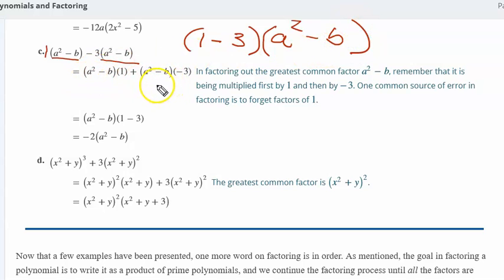Now they're showing it a little differently here. I'm not sure quite what they're looking for, but this is how you would factor this. And this would become a negative 2 times that, and that would be simplified, but they're not taking it that far. They're just showing it this far, where you've factored out a 1 and a negative 3 here.